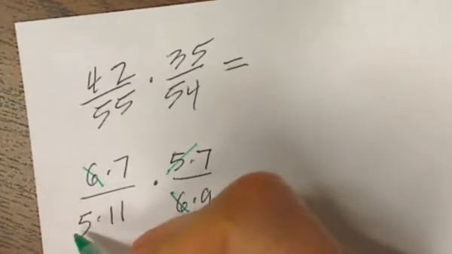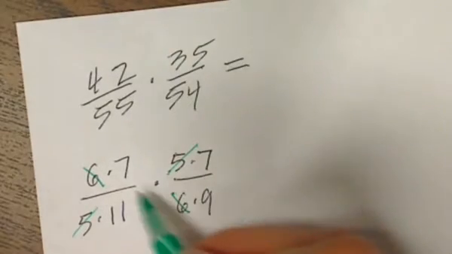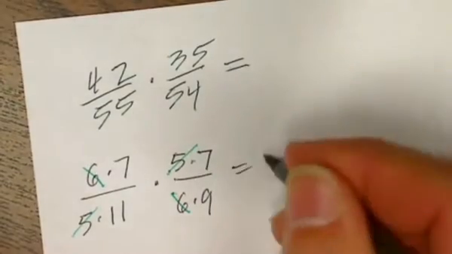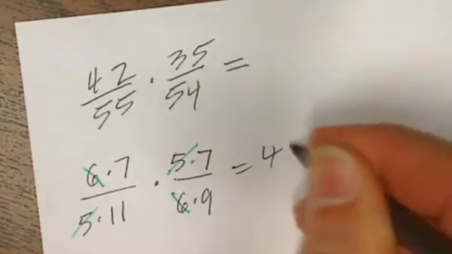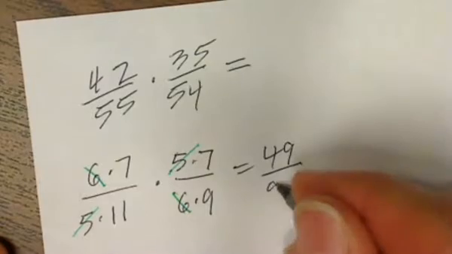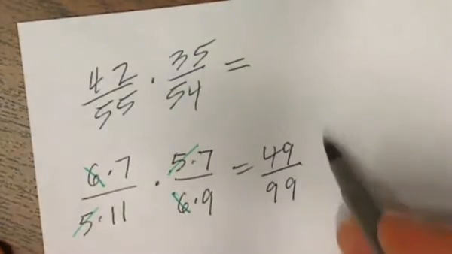And we divide the 55, which is 5 times 11, by 5, leaving the 11. So when we do the canceling, we are scratching out like factors from numerators and denominators. And we multiply what's left. 7 times 7 is 49 over 11 times 9, which is 99. So the reduced fraction is 49 over 99.